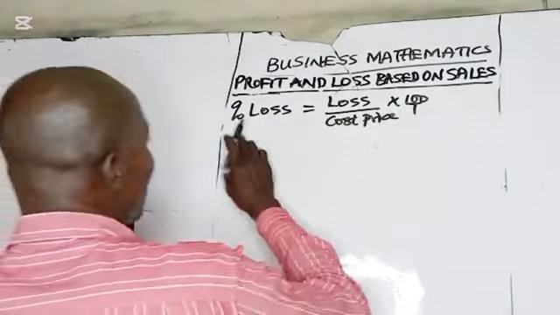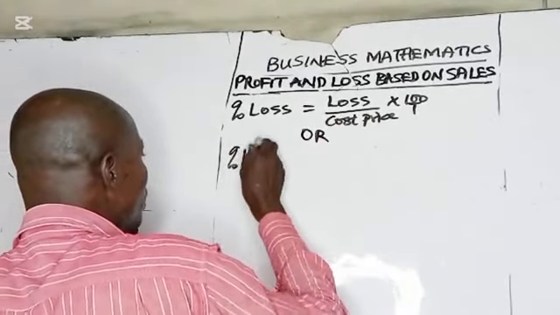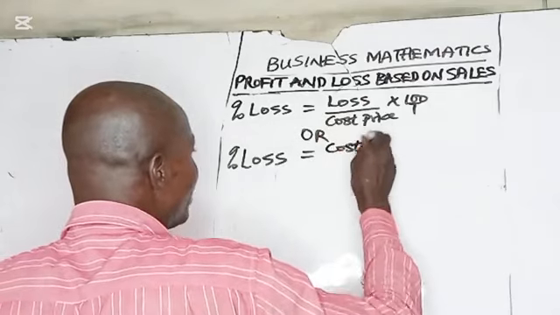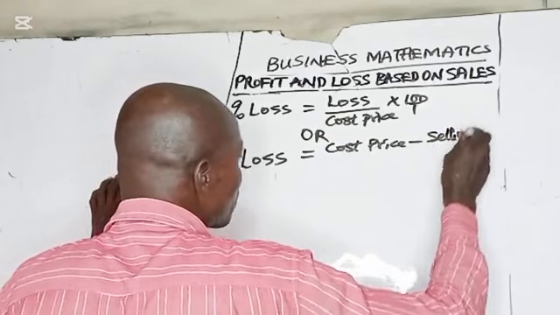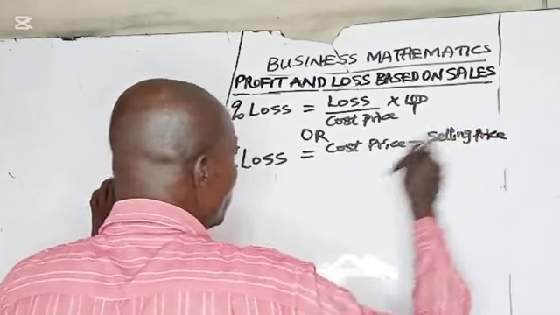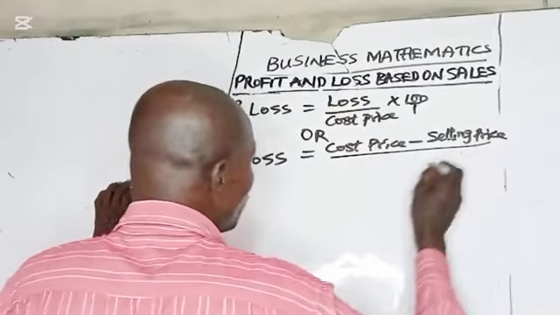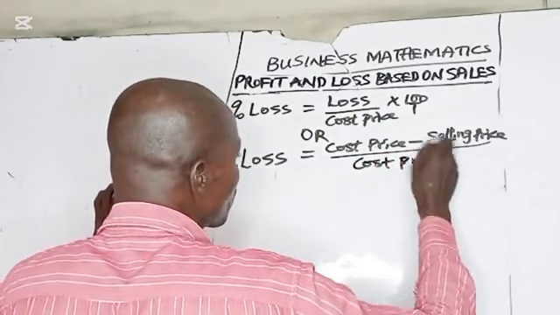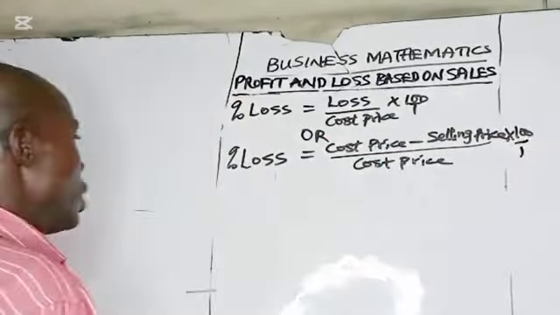Or you can put percentage loss equals cost price minus selling price, remember, the cost price will be greater than the selling price where you have a loss, over cost price times 100 over 1. This is percentage loss. Please take note of that.